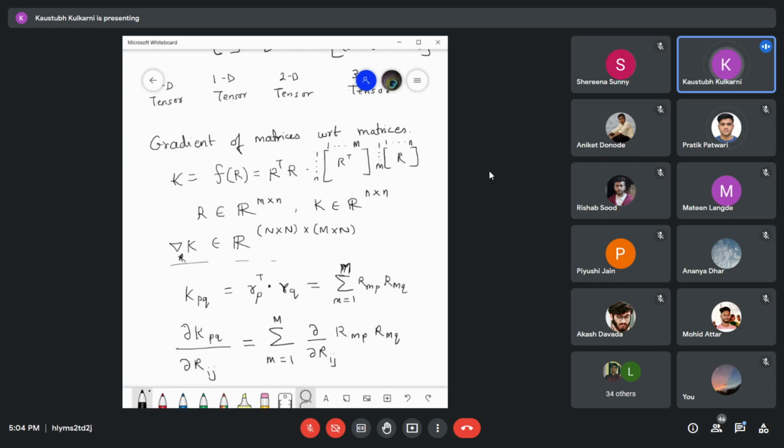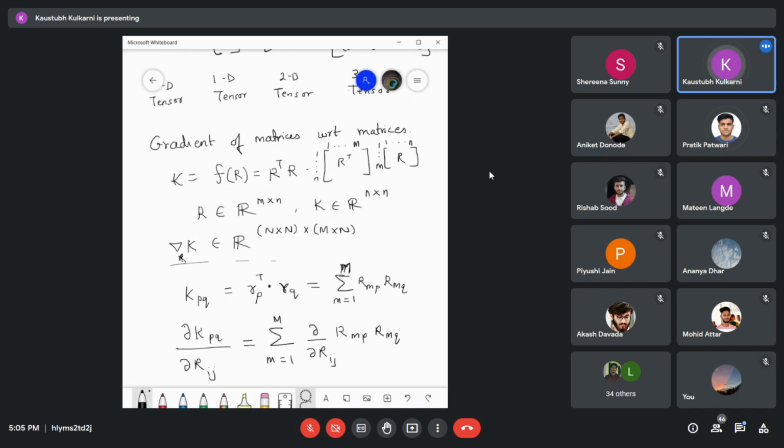So the sum over m from 1 to m, multiply R mp with R mq from this one, and thus you will find Kpq.